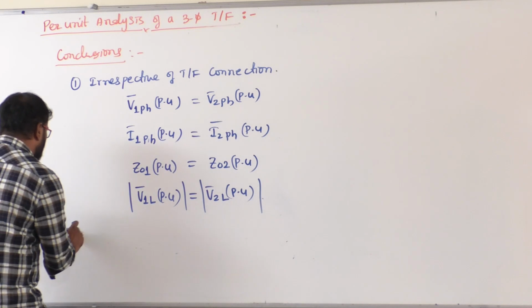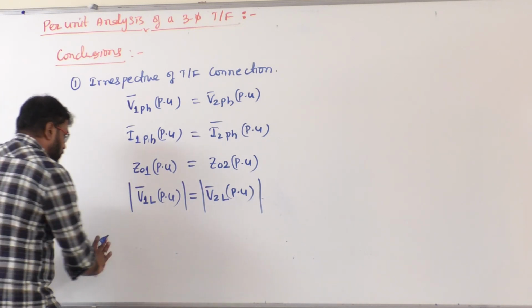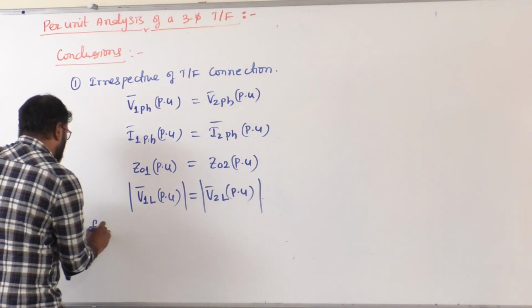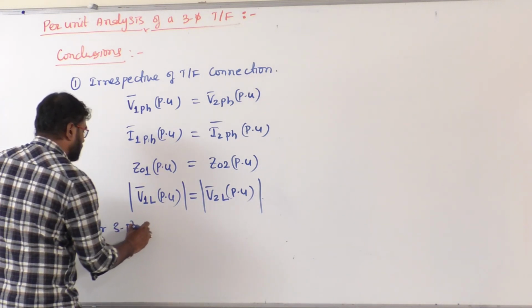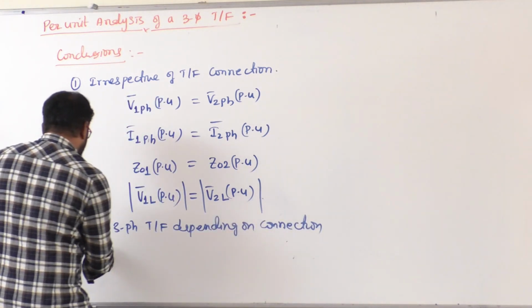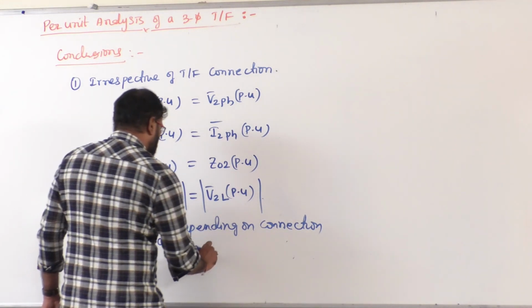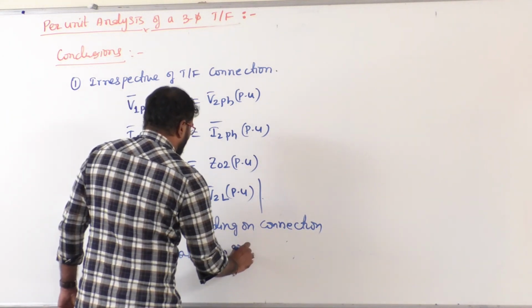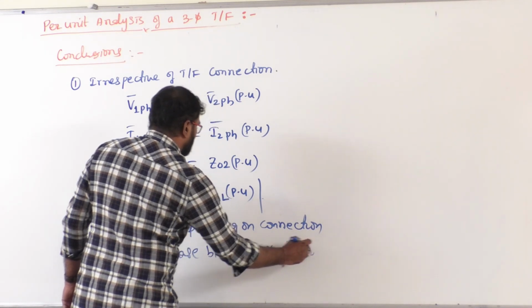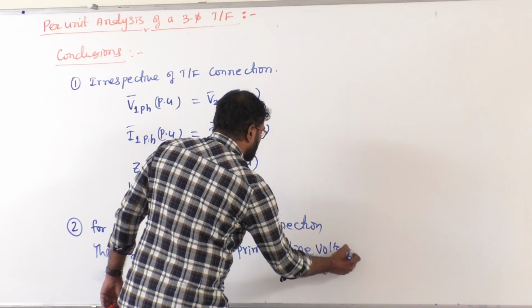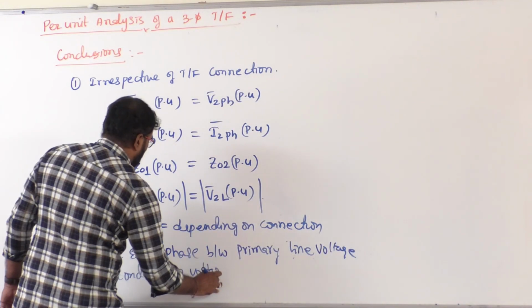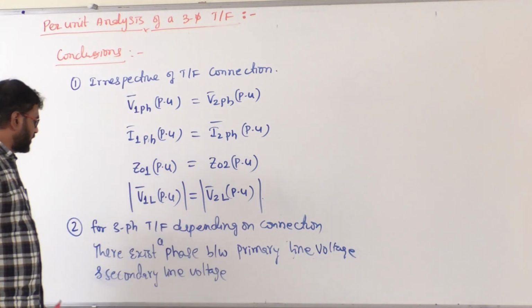And the second conclusion is, for a 3-phase transformer, depending on the connection, there exists a phase shift between primary line voltage and secondary line voltage.